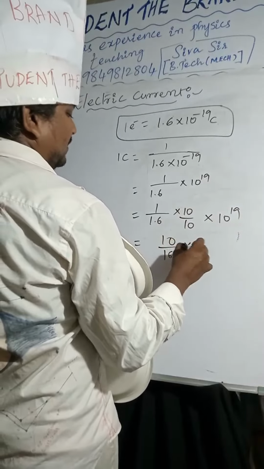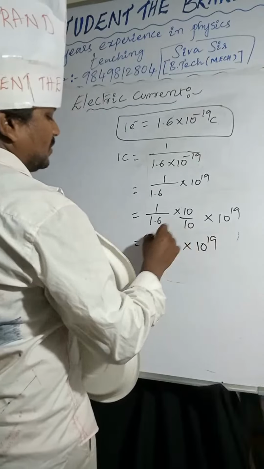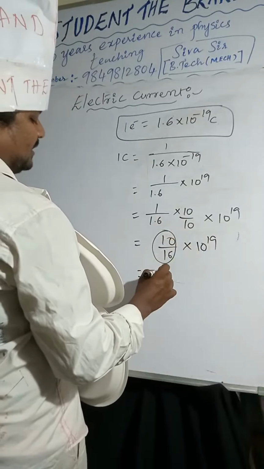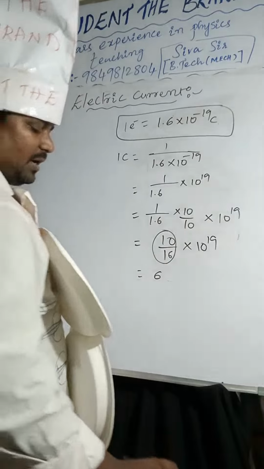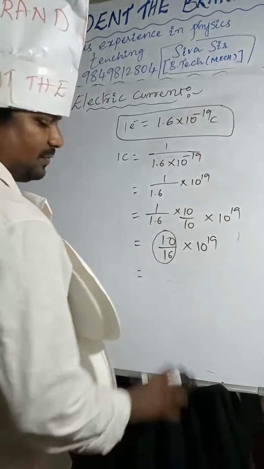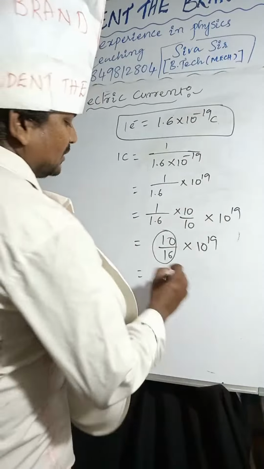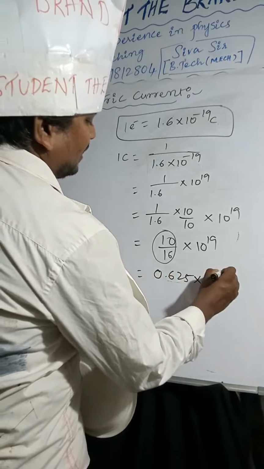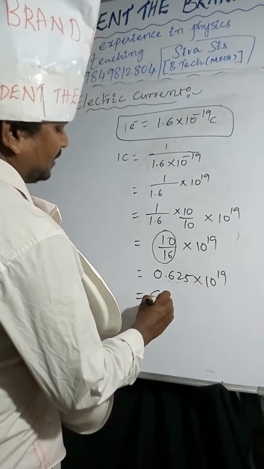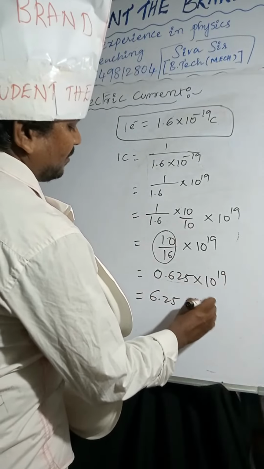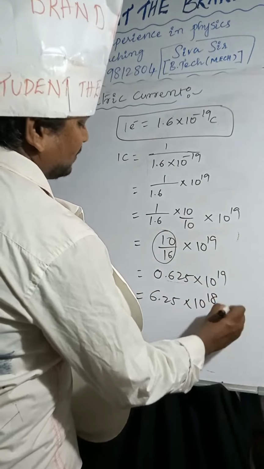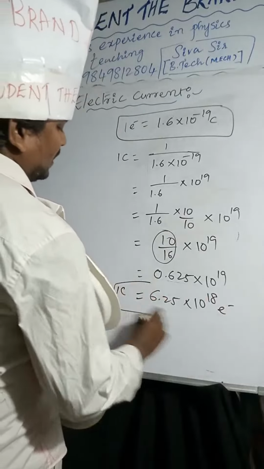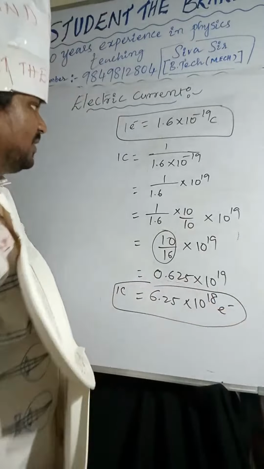If you solve this, you will get 0.625 into 10 power 19, that is 6.25 into 10 power 18 electrons in 1 coulomb. This many electrons are present. Very, very important.